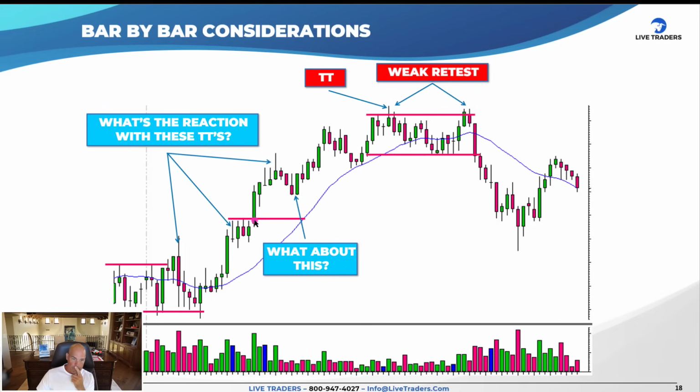So now, we have different information with each one of these topping tails. The first topping tail is deeply concerning. So, let's use the same logic we used on the last slide. This stock peekaboos on the breakout. See it right here? It peekaboos on the breakout and then pulls back below break even.